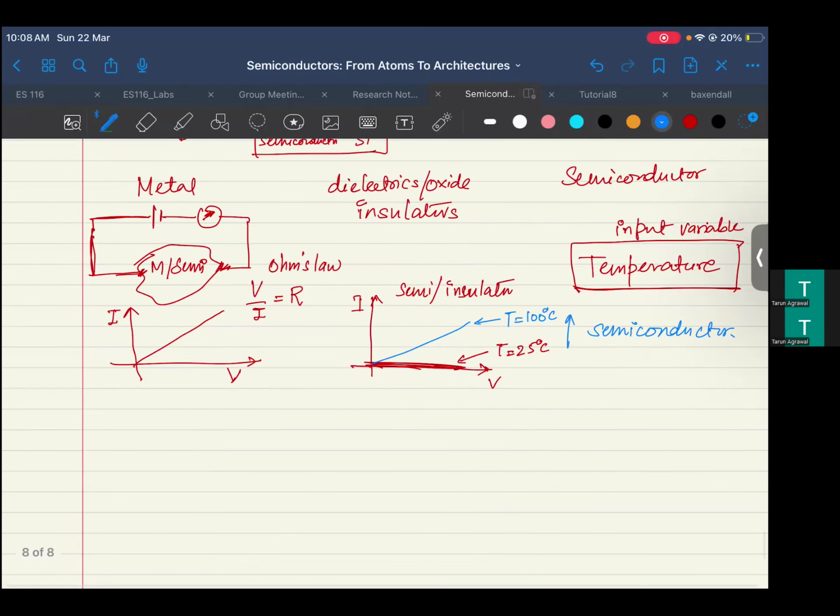So if you understand semiconductors, all this conduction which we see is happening by electrons, right? There is no problem in understanding that the electron is the cause of current.